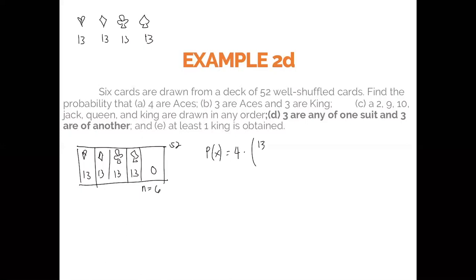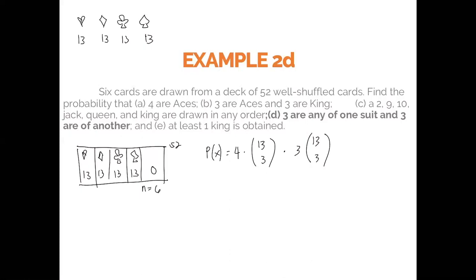Kukuha tayo ng tatlo. Okay? Then, mula dun sa remaining, once na nagamit na natin yung isang klase ng suit, meron tayong tatlong remaining na klase. Tapos, mula dun sa mapipili natin, kukuha tayo ng tatlo. Okay? So, 13C3 yan. Tapos, yung remaining naman natin is 0, so 0C0 na din, so equal sa 1 na yun.